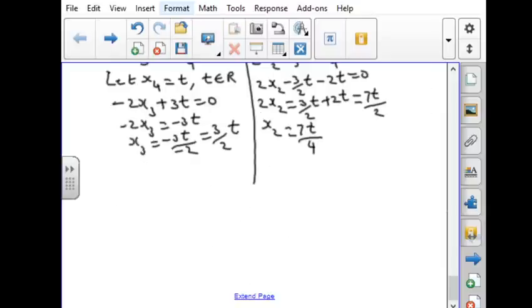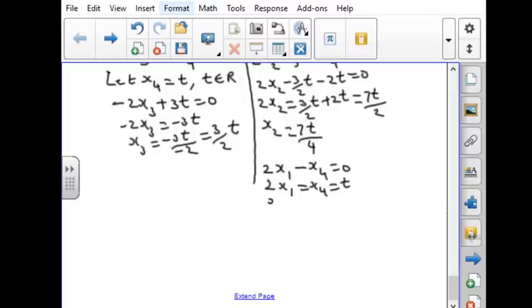Now, coming to the first equation: 2x1 minus x4 is equal to 0. From this we get 2x1 is equal to x4, and x4 is nothing but t.